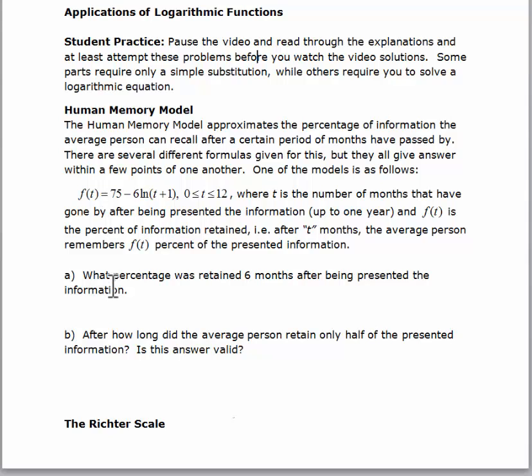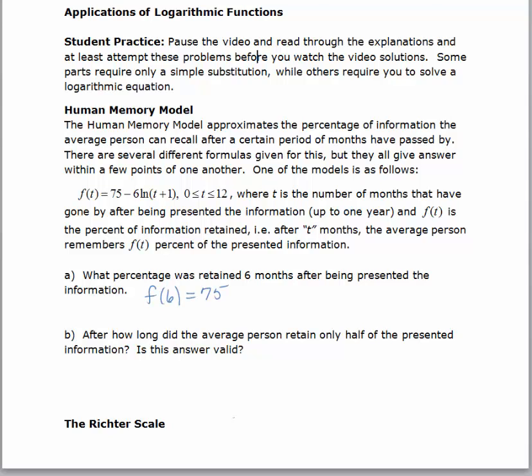So the first question says, what percentage was retained 6 months after being presented the information? This is straightforward. T is time, f of t is a percentage, and so we want to know f of 6.